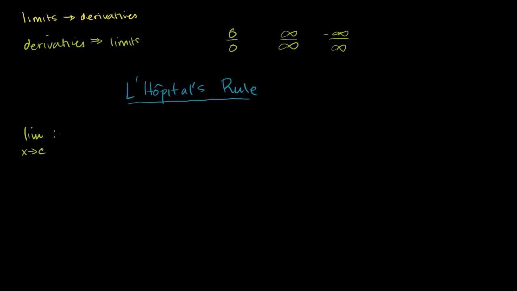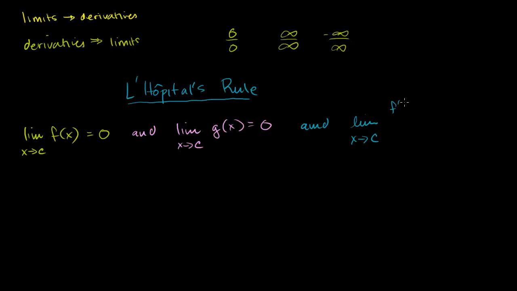as x approaches c of f of x is equal to 0, and the limit as x approaches c of g of x is equal to 0, and the limit as x approaches c of f prime of x over g prime of x exists and it equals L, then, all of these conditions have to be met.